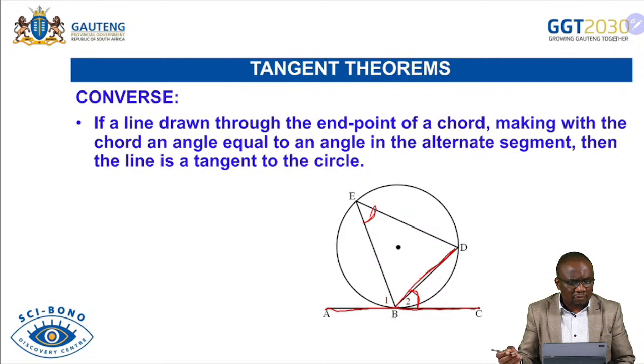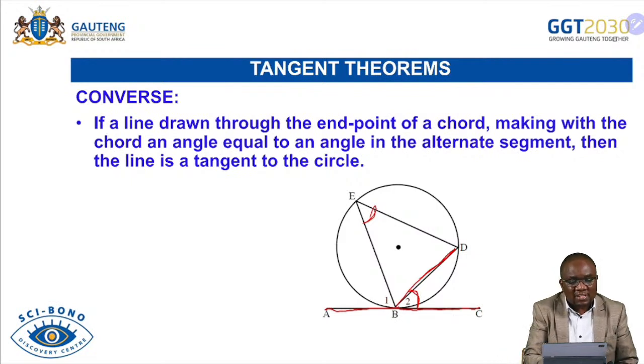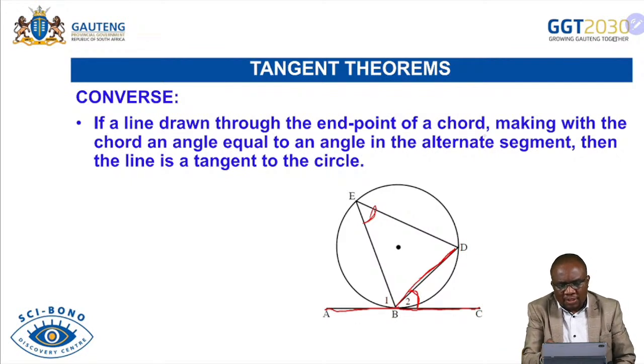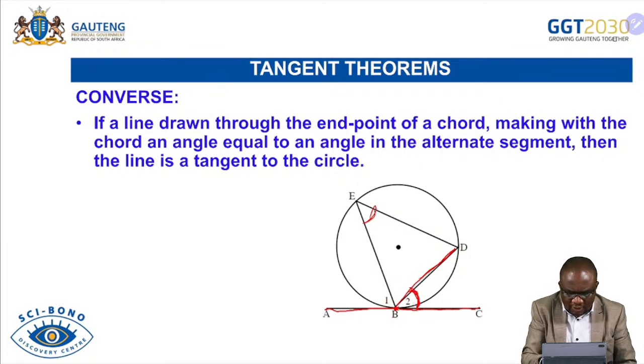You see that? That's what it means. You're drawing the line AC through the end point of the chord, through B here, making with the chord an angle, this angle, equal to the angle in the alternate segment, equal to this one. Then the line AC is the tangent.